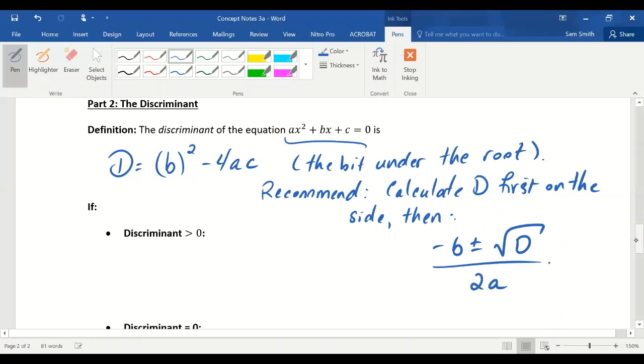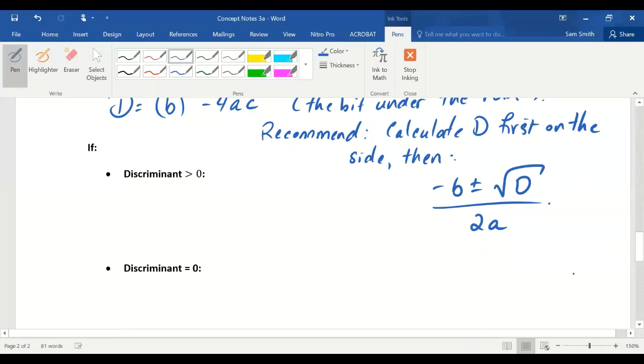That just helps to get things a little bit cleaner, not quite so overwhelming, and it's much easier to type something like this into the calculator.